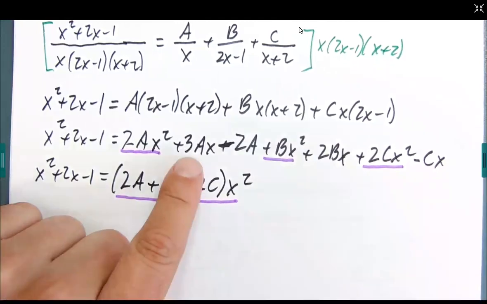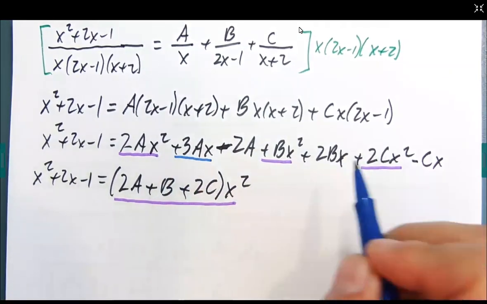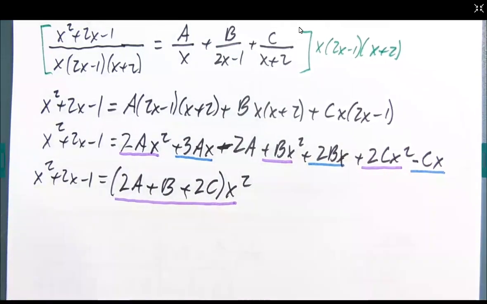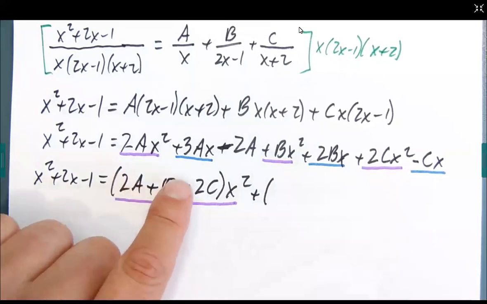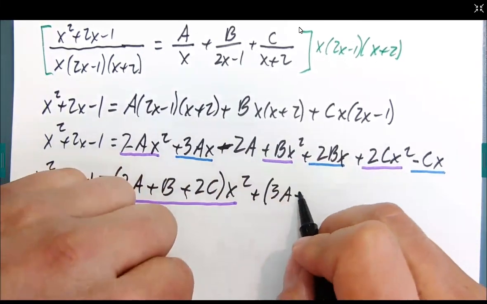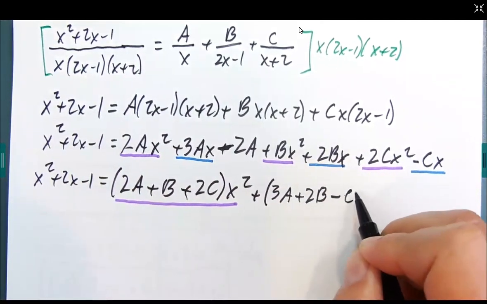Next up, we have just the x terms. So let's make those blue. And that is going to give me 3a plus 2b minus cx.